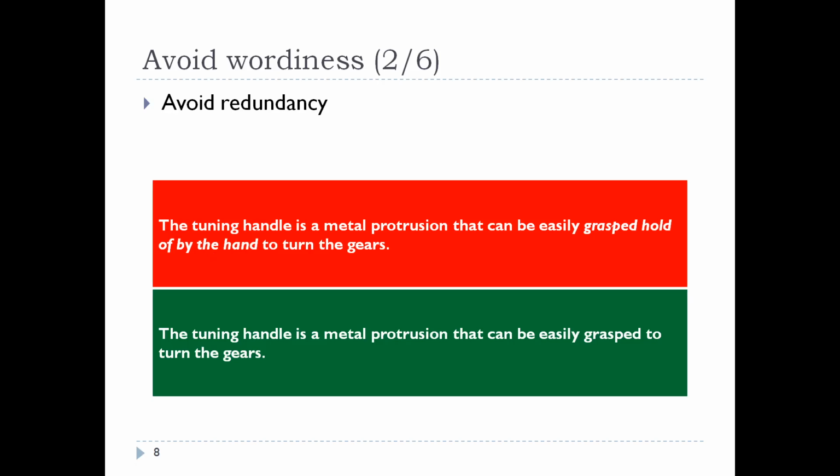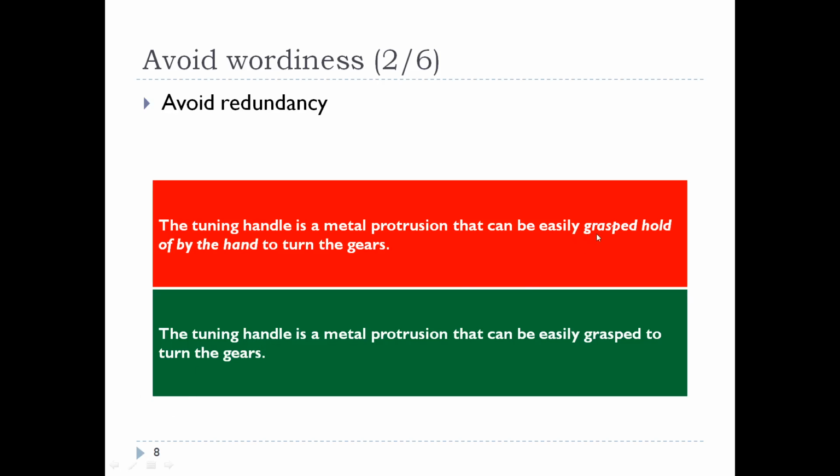If you put the same sentence this way, the tuning handle is a metal protrusion that can be easily grasped to turn the gears, this sentence avoids redundancy. By avoiding redundancy, you make it more concise and a little clearer.